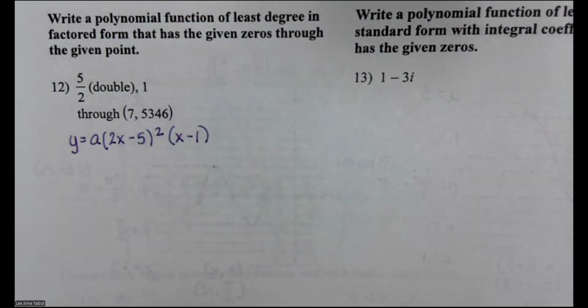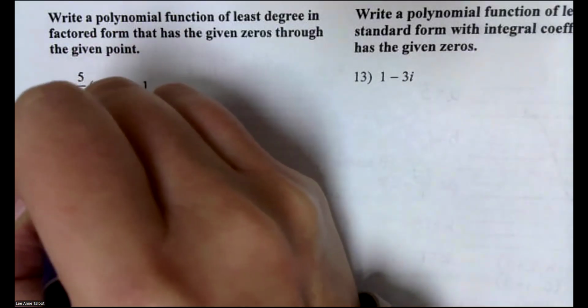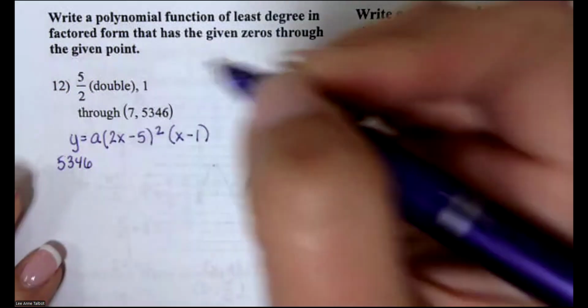Okay, pause there. Does the 2x minus 5 squared make sense? Are you sure? Okay. 5,346, that's a very specific number.